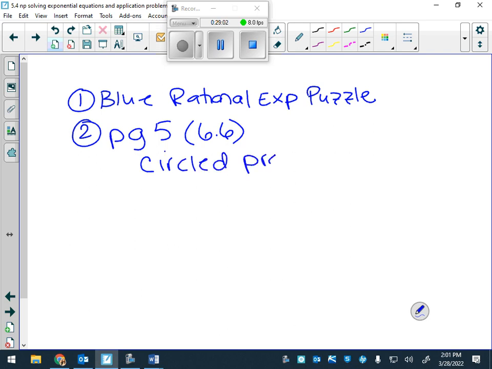So a little bit of solving with radicals or rational exponents, then it gets into what we did today. If you need to use a separate sheet of paper, I highly suggest it. Pay attention to the directions. So these 2 are your homework.